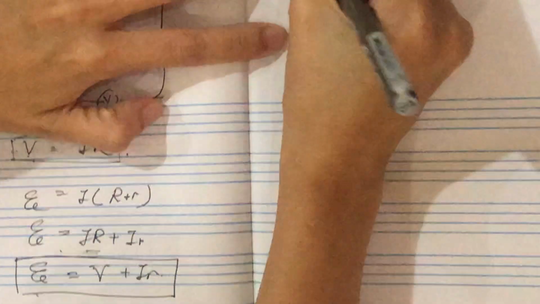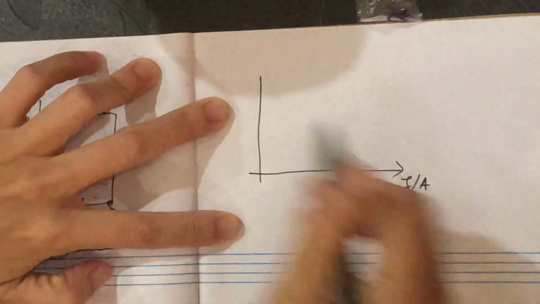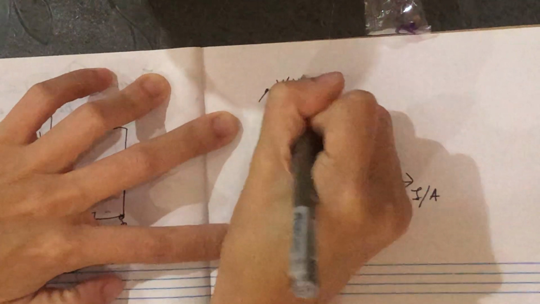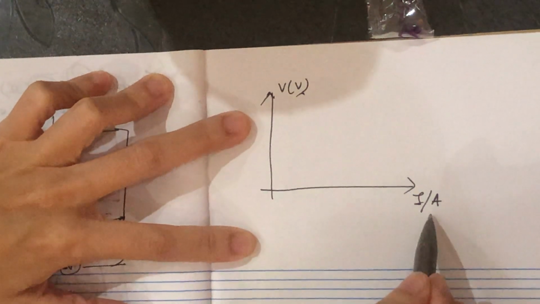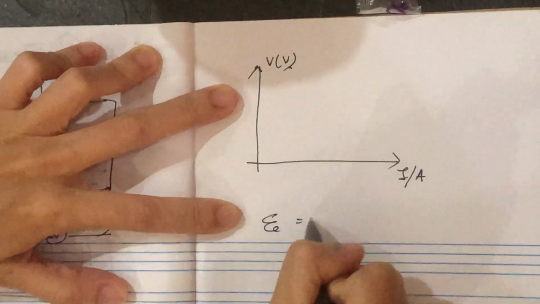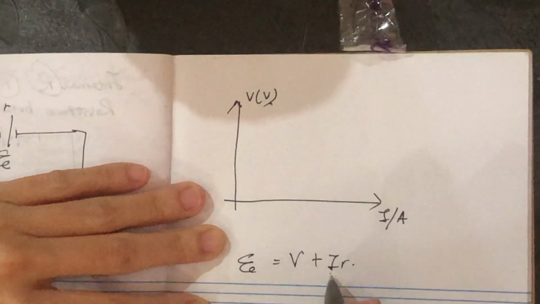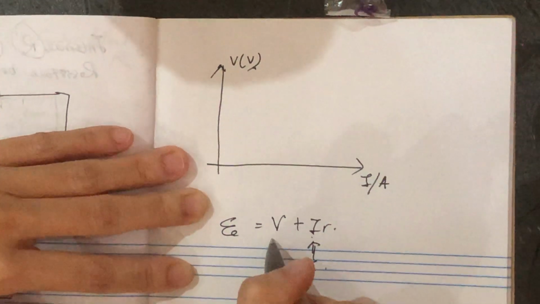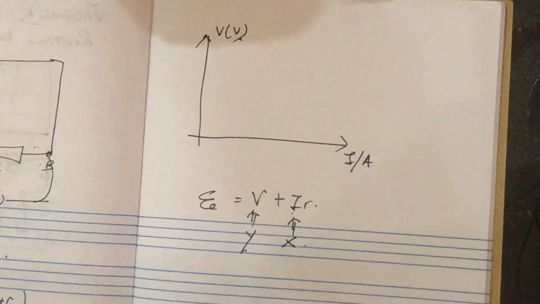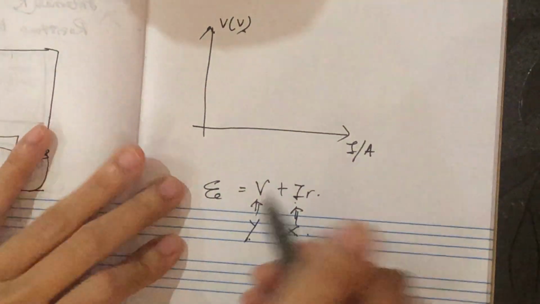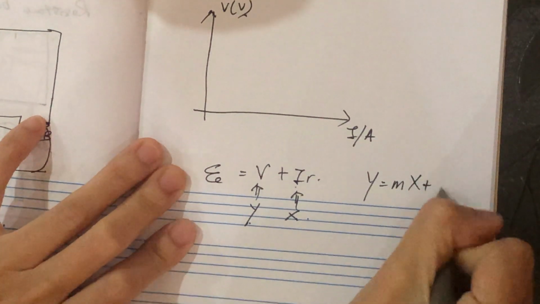So if I draw a graph, this is I, ampere, and this is V, voltage, right? Now this is my y-axis, this is my x-axis. So look at the formula that we got just now. If this is a linear equation, let's say it obeys Ohm's law, an ohmic conductor, then we have to say that y equals mx plus c, right?